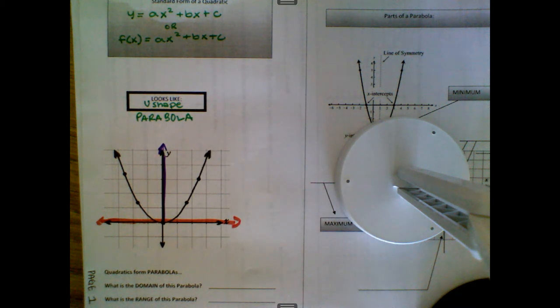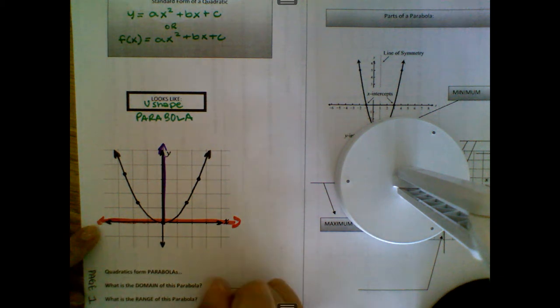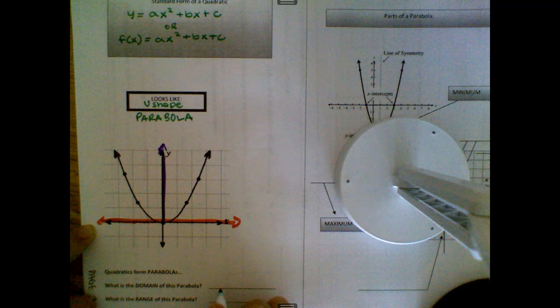So to practice domain and range for this specific one, the domain goes all the way in x. And if I flip this U over, it would do the same. If I move this U up and down, it would do the same. So all parabolas have the domain of negative infinity to infinity, aka all real numbers.